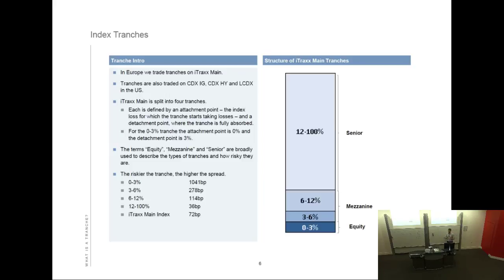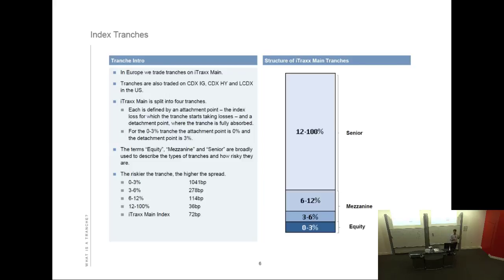So in iTraxx Main, for example, everybody trades on the iTraxx Main portfolio the 0 to 3% tranche, which we call the equity tranche, the 3 to 6, the junior mezzanine, the 6 to 12, the senior mezzanine, and the 12 to 100, the super senior tranche.